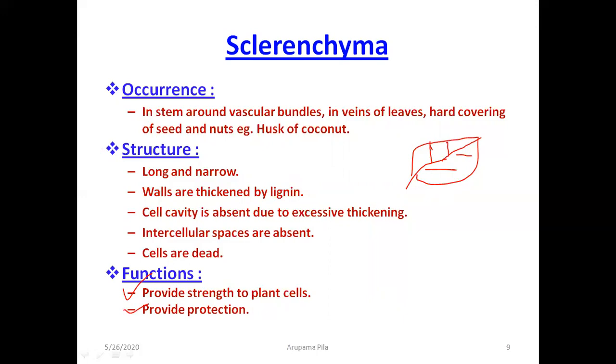See how in the case of nuts, the outer covering is very, very hard, which is protecting the inside material. Similarly, in coconut, the outer structure is hard, which is protecting the inside material. So that's why they are providing strength to the plant cells, and they are also providing protection.